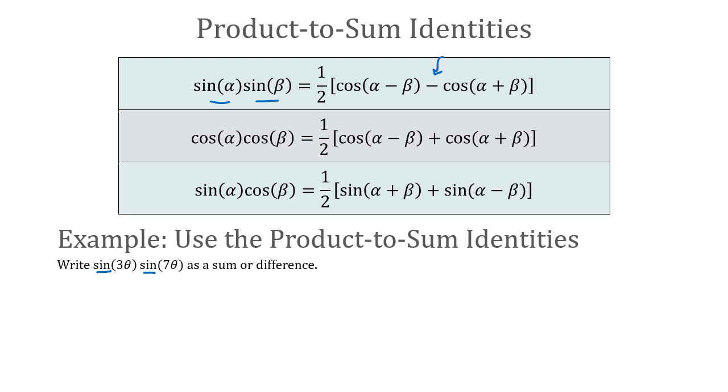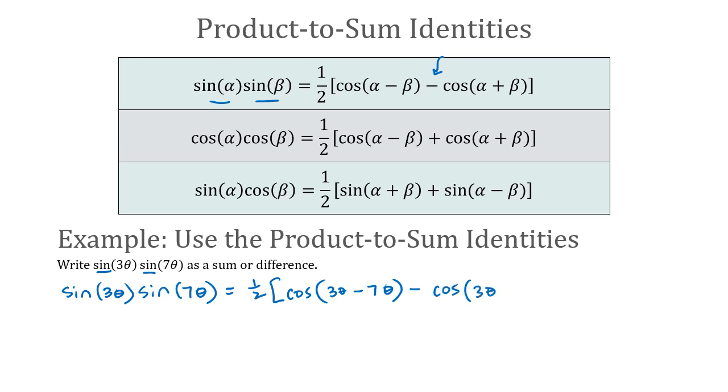The sine of 3 theta times the sine of 7 theta is equal to 1/2 times the quantity of cosine of the first angle, 3 theta, minus the second angle, 7 theta, minus the cosine of the same thing, but now adding: 3 theta plus 7 theta.